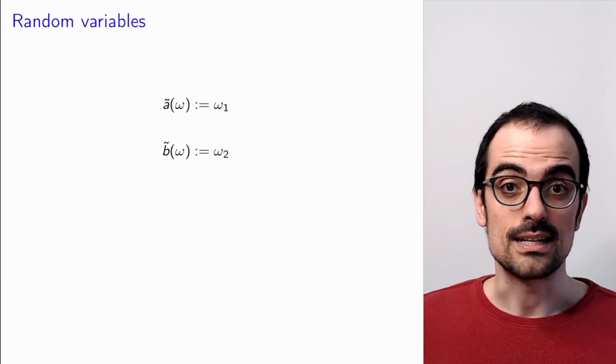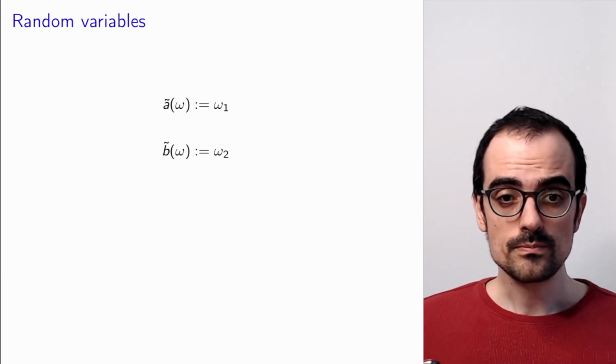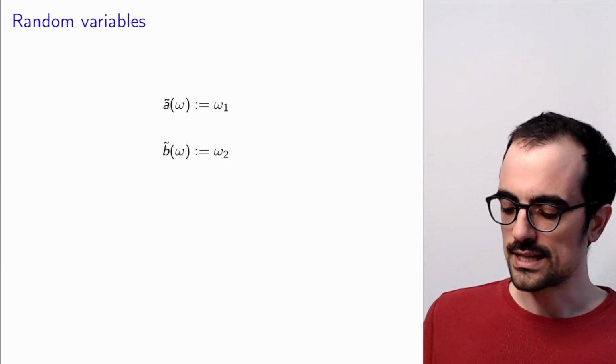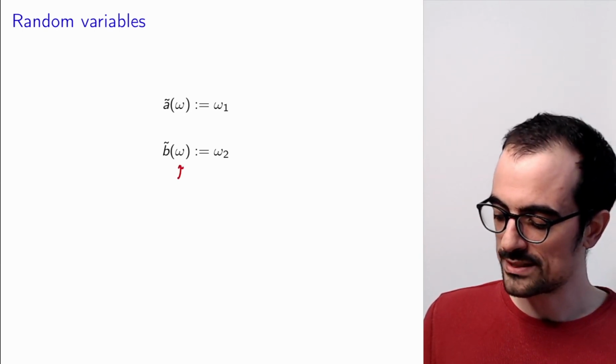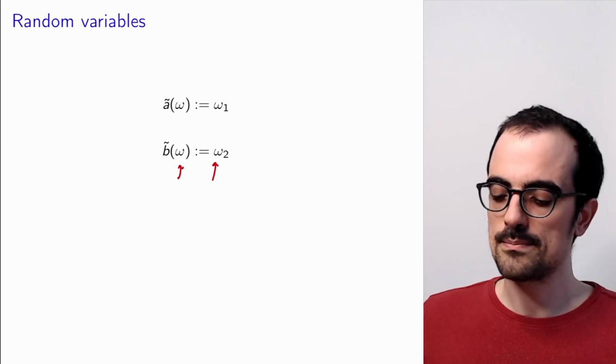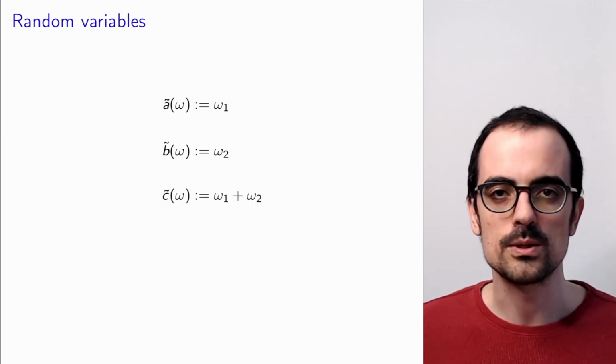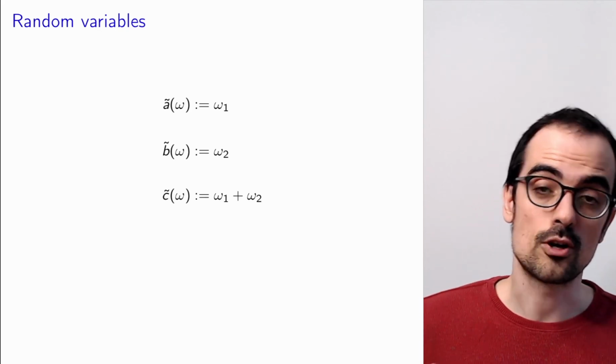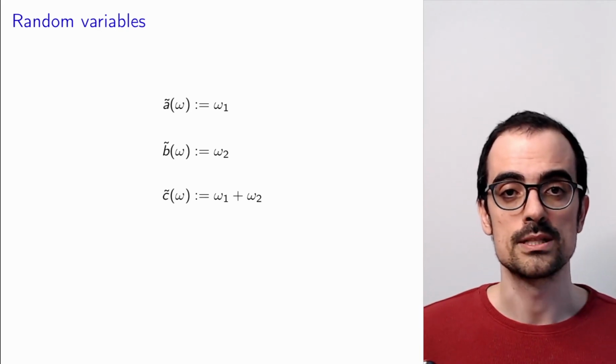We can also define another random variable to represent the second roll. In this case, it maps the outcome to its second entry. And similarly, we can represent another random variable as the sum of the two entries. Again, this is a function from the sample space to the real numbers.